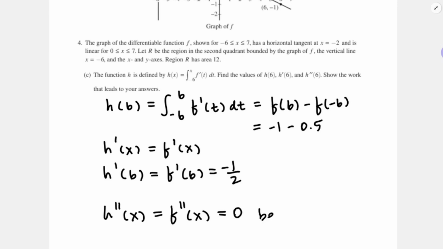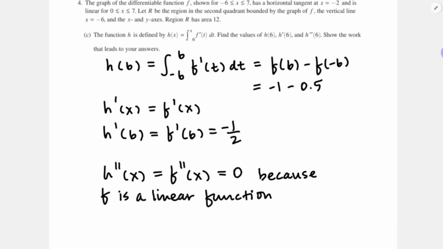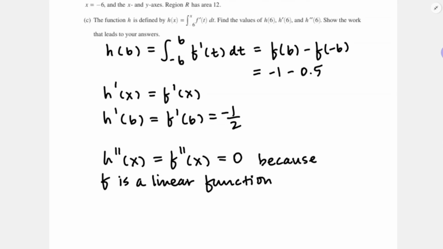And it didn't really say justify, but I'm going to write it anyway, because f is a linear function. Okay, now I'm realizing they asked for h double prime of 6, so I'm just going to say h double prime of 6 equals 0.